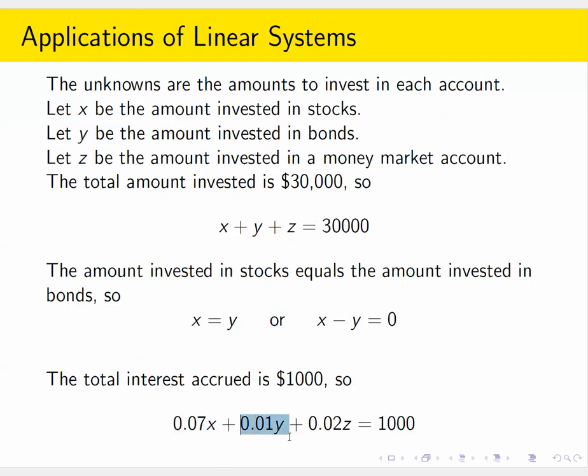Similarly, 0.01 times Y represents the interest we'll earn from the investment in bonds. And 0.02Z represents the interest we'll earn from the investment in the money market account. And those three sources of interest added together, we want to add up to $1,000.